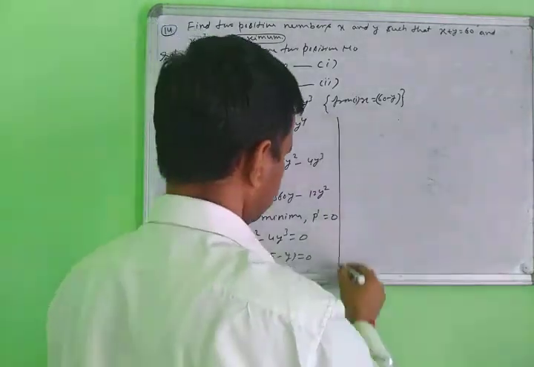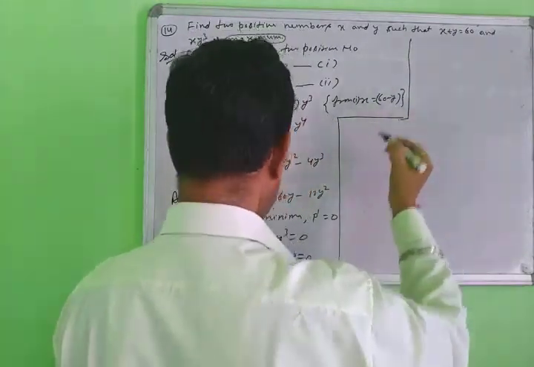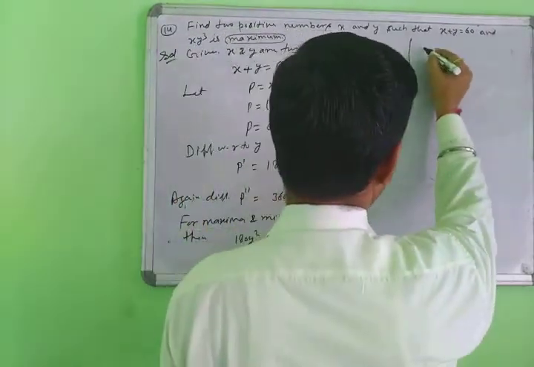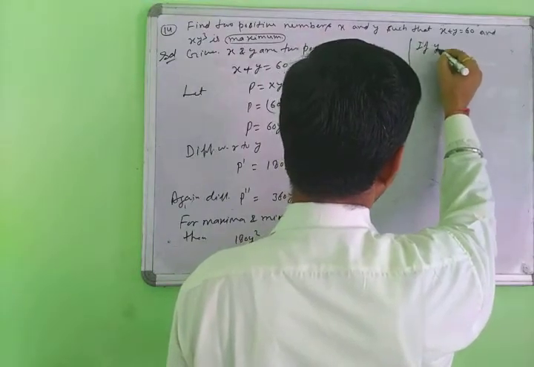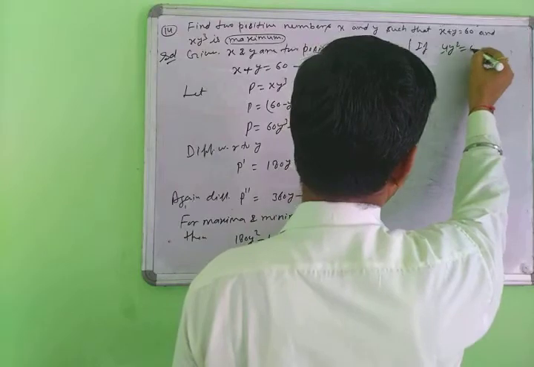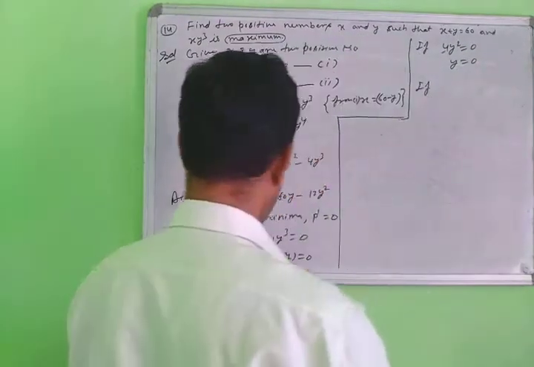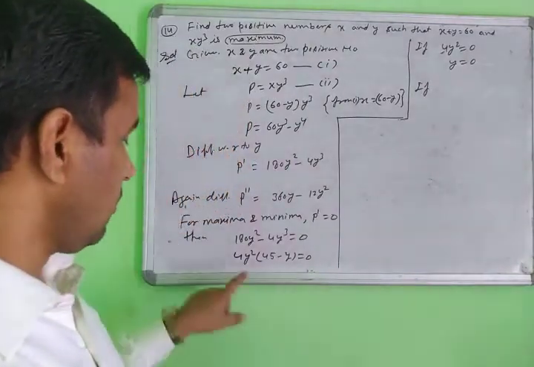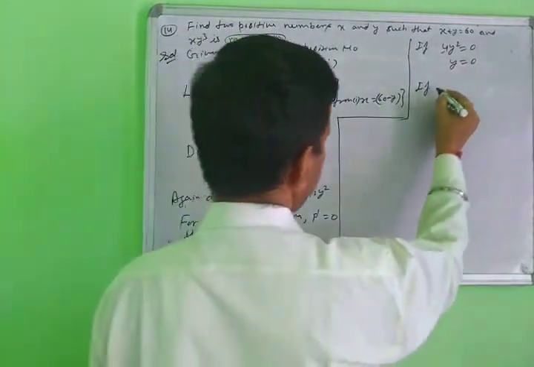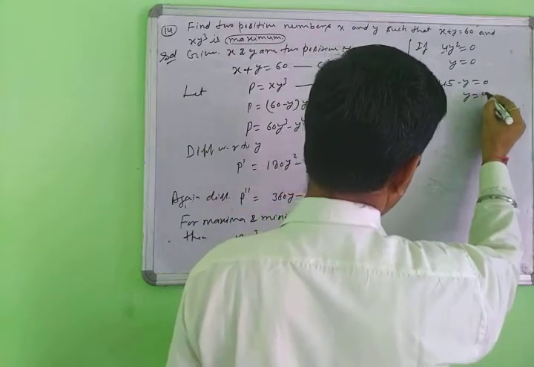Now, if 4 y square equals 0, then y equals 0. But when 45 minus y equals 0, y equals 45.